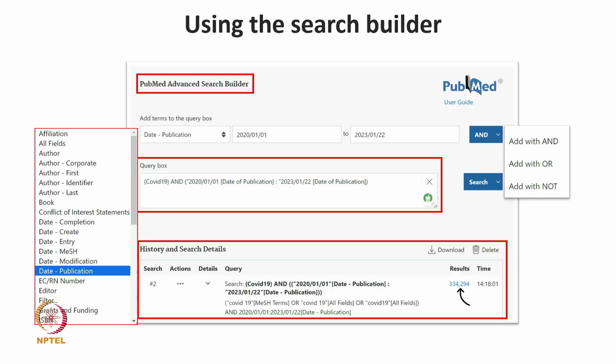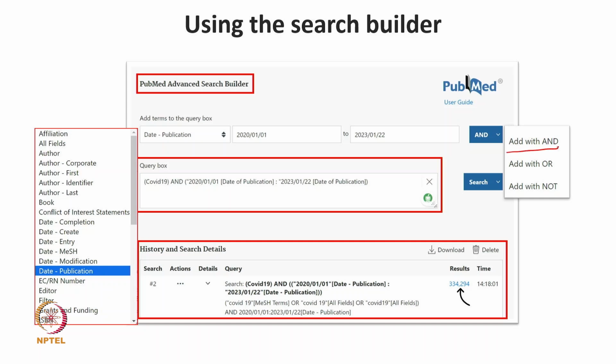Using the search builder. In the PubMed Advanced Search Builder, you can search according to different fields. For example, I want to search according to date of publication. In this example, we are taking 1st January 2020 to 22 January 2023 with the key term, and we are adding the key term with AND.